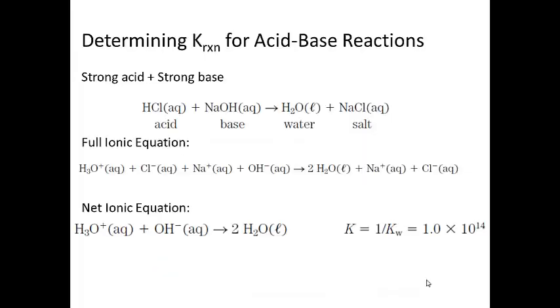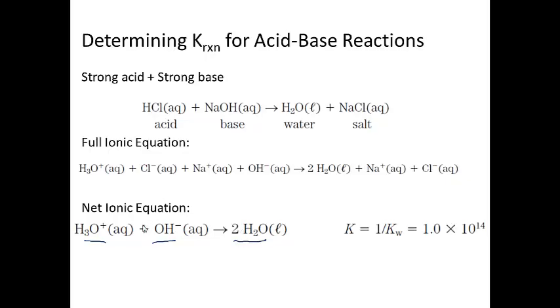You can quantify this a bit by determining the K value, the equilibrium constant for acid-base reactions. If you have a strong acid and a strong base, like HCl reacting with NaOH, the full ionic equation is written here, and the net ionic equation is a hydronium ion plus a hydroxide ion goes to make 2 waters. And that's the opposite of the water self-ionization reaction.